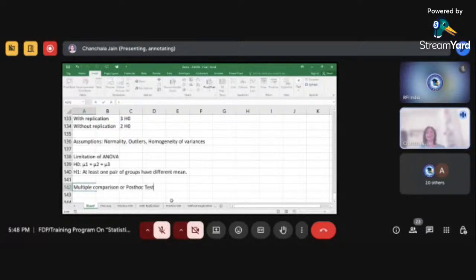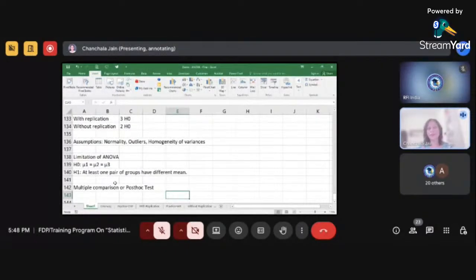Using this test, you can explore in which pairs the significant difference exists. But ANOVA only ascertains that at least in one pair of groups a significant difference exists. I hope it is clear.